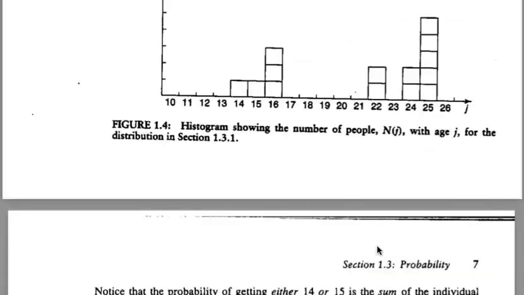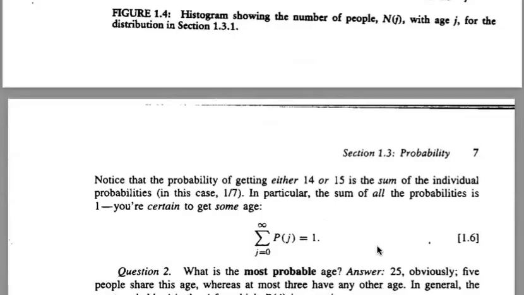Okay, so we see that the probability of any one is P sub j. Then if you add up all of the P sub j's, it should be normalized to 1. So that's where that normalization comes from in quantum mechanics, that the probabilities of getting the various values that you get should all add up to 1.